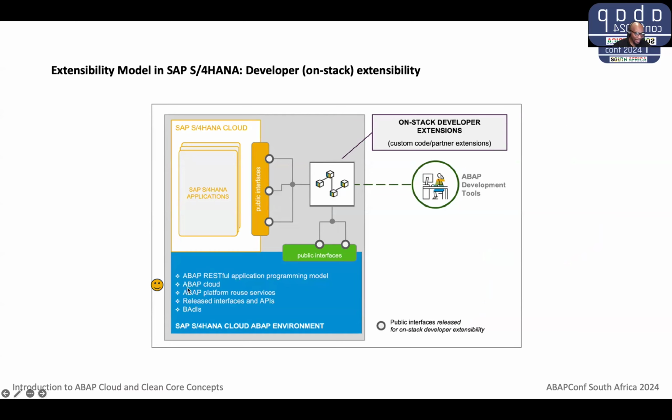I've put a smiley face there just to highlight that this is when we're going to start talking about ABAP Cloud. That's when concepts like RAP come into the picture, and then you actually get to do proper ABAP development.